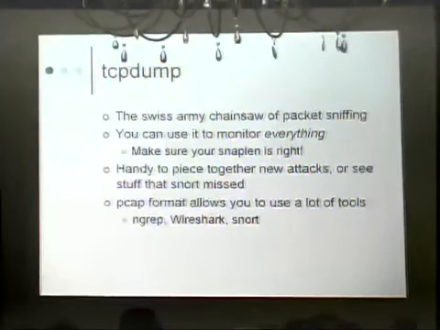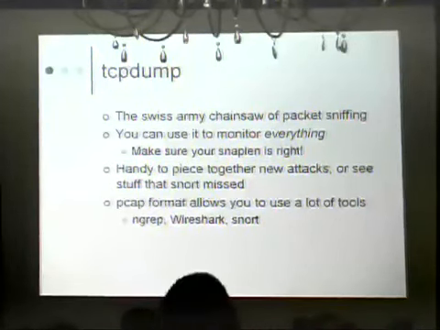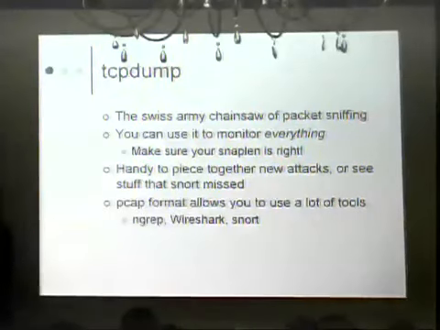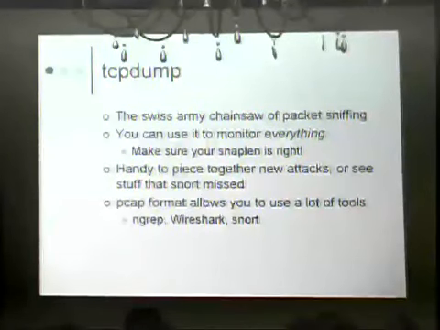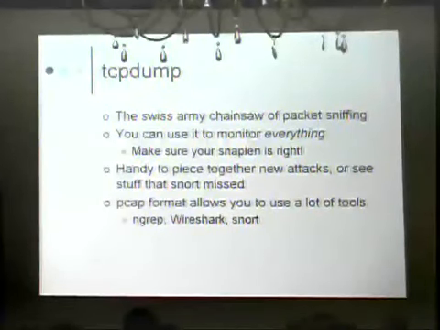Pardon me. tcpdump. The Swiss Army chainsaw of packet sniffing. I'm sure most people have either heard of it or have seen it before. If you haven't, wow, that cave must be very musty. With tcpdump, you can use it to monitor everything. Basically, you can tell tcpdump to just capture every packet you see ever and write it to a file.